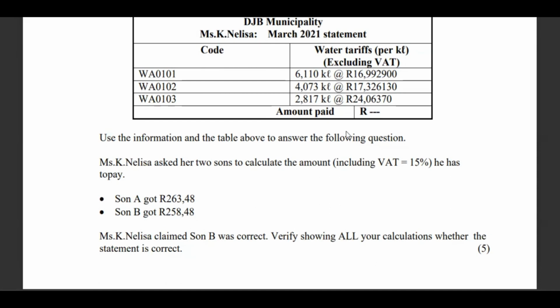So we need to find out 6,110 times 16,992900 plus the second category.